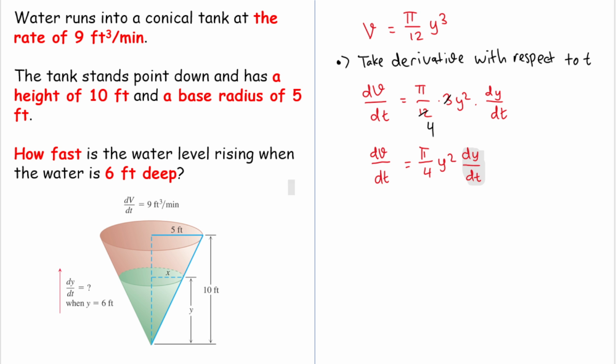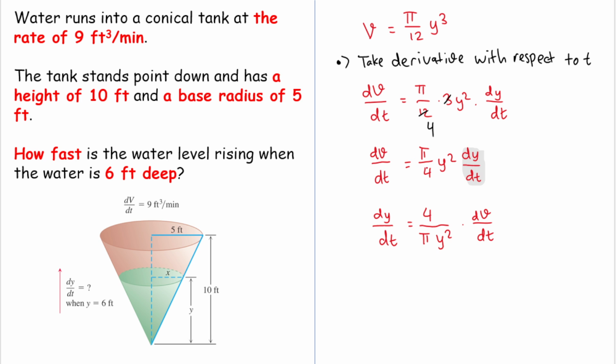So let's isolate this part. We will have dy over dt equal to 4 divided by pi y squared, and then multiplied by dV over dt.